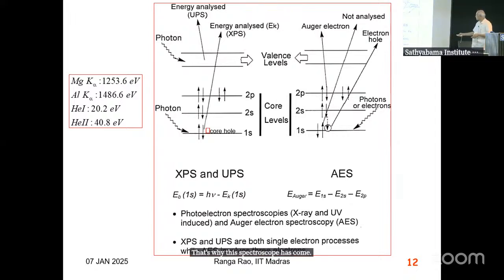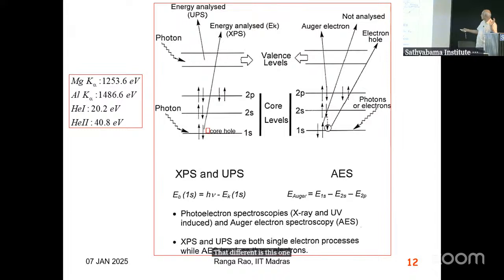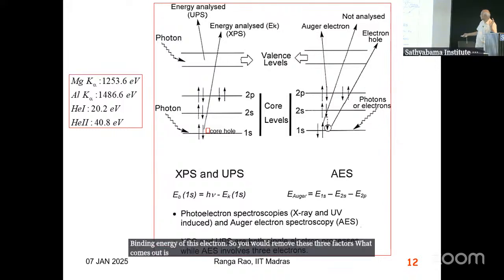Now in AES, the Auger electron has a kinetic energy equal to the energy of the 1s electron, where you have removed this, minus the 2s electron energy, that difference, minus the binding energy of this electron. So you remove these three factors, and what comes out is the kinetic energy of the electron, called the Auger energy.